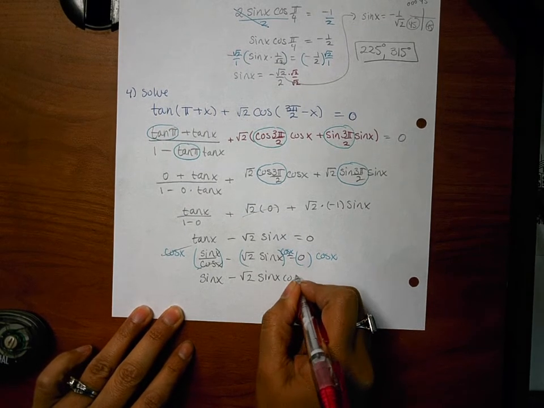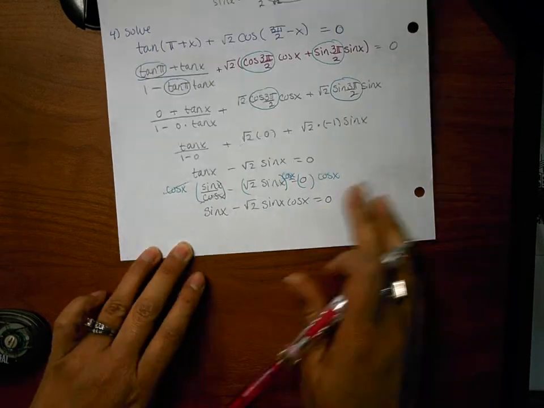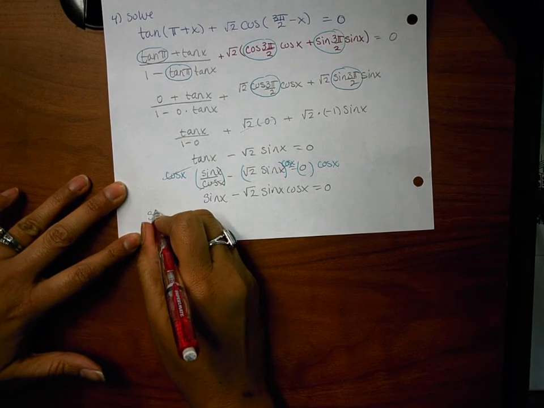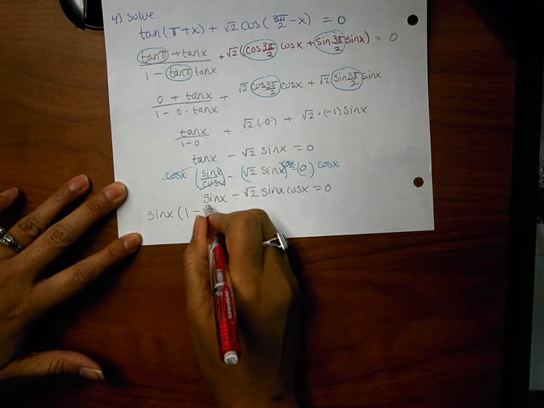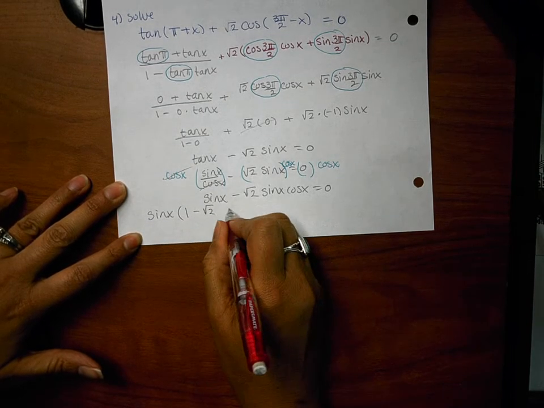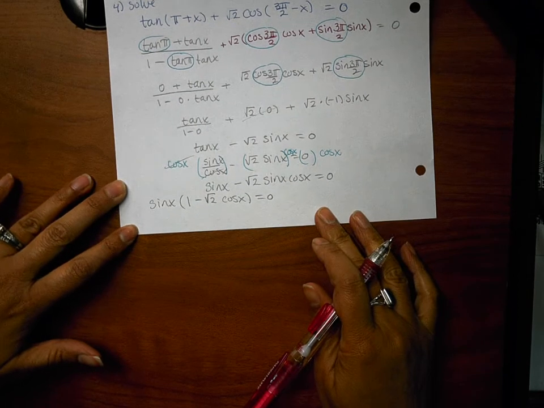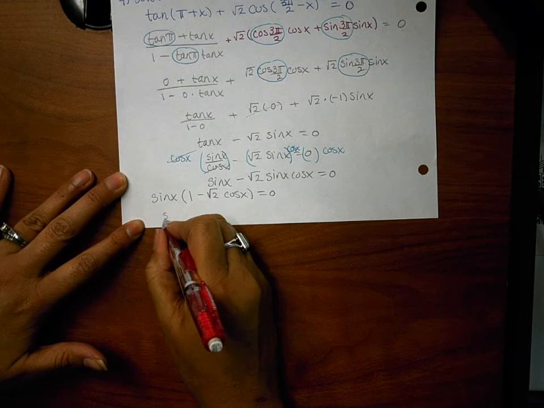Sine x minus root 2 sine x cosine x. 0 times cosine is staying 0. And you can see now we can factor a GCF. Sine x parentheses, there's a 1 left behind, minus root 2 cosine x equals 0.